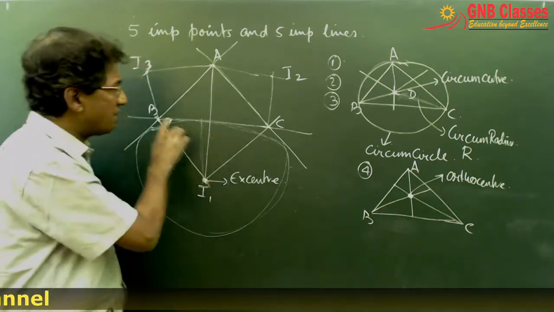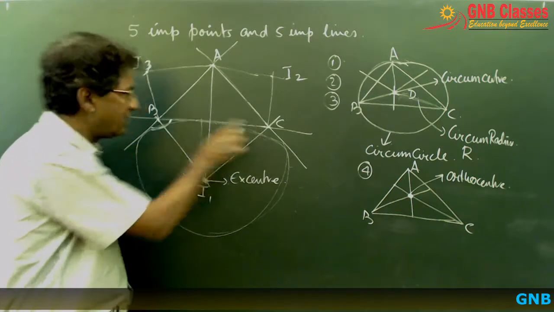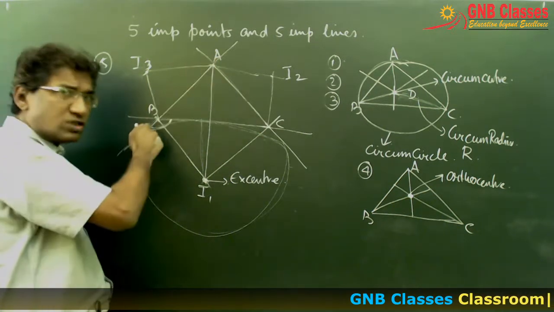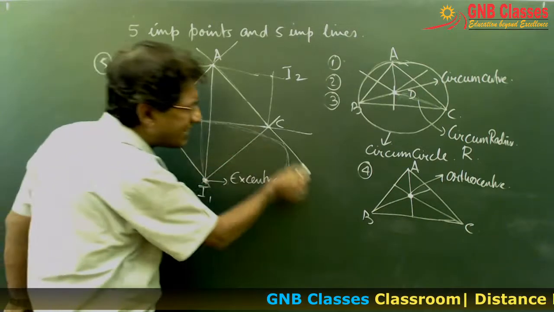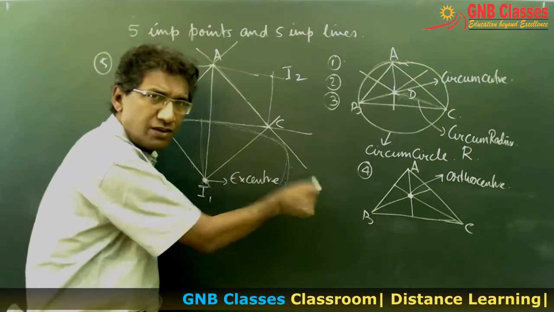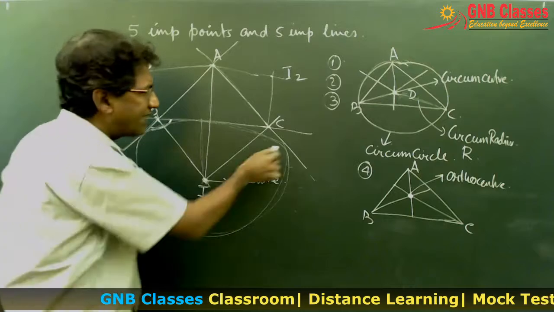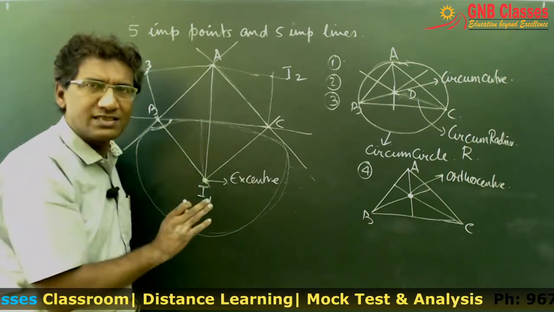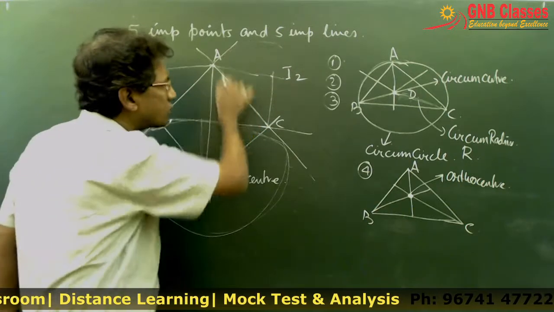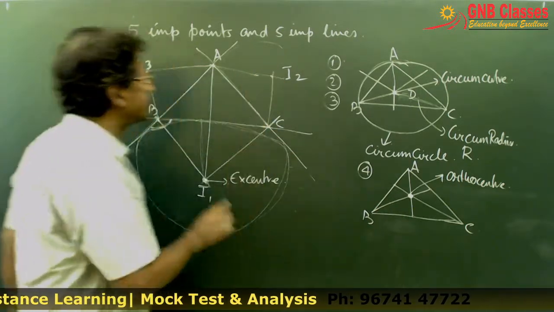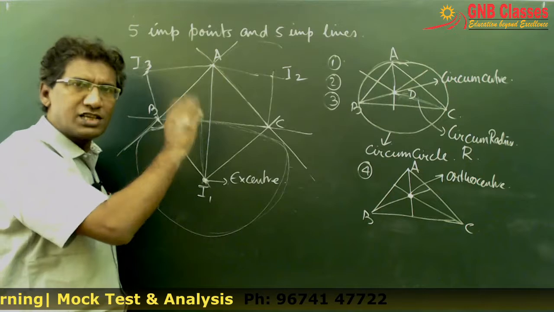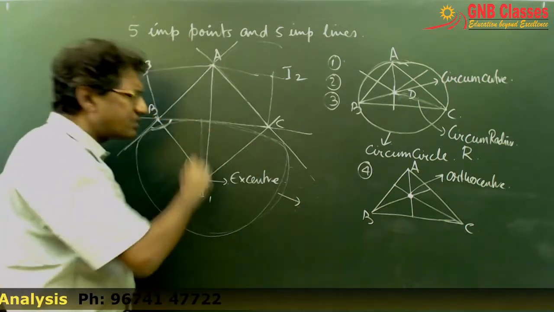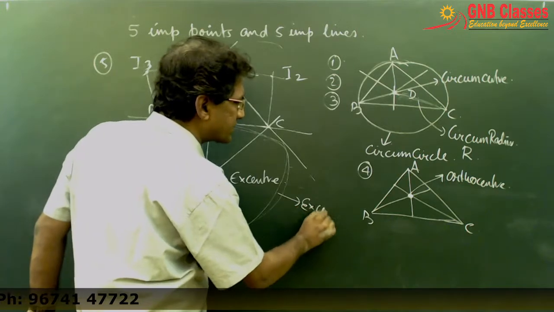This side is the side of the triangle, and this side is the produced side of AB, as well as this side is the produced side of AC. Is it clear? Similarly, in the other cases also the circle is going to touch all three sides. These circles are called your excircles.